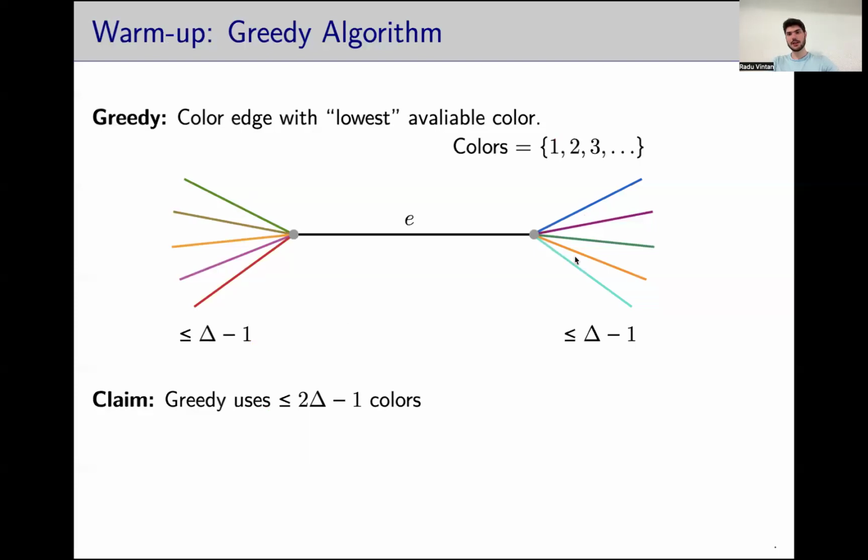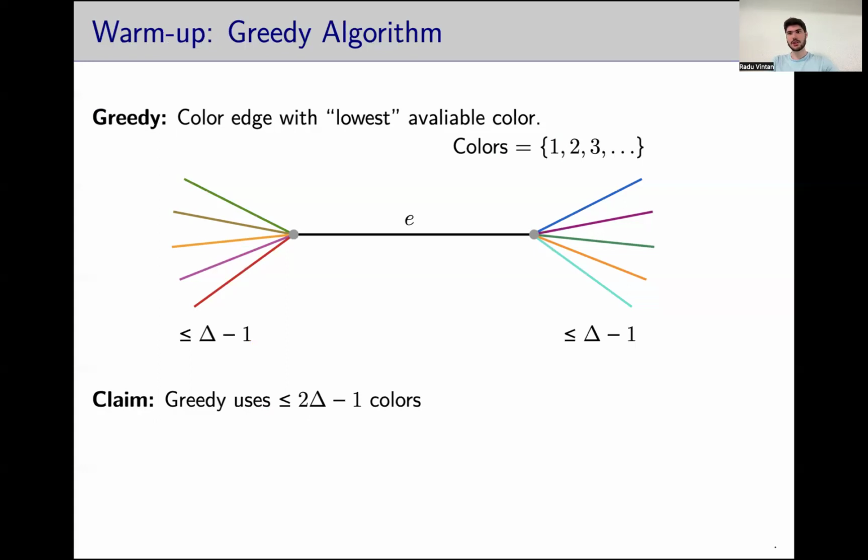And so together, these edges can consume at most 2 delta minus 2 colors. And the claim is if we have 2 delta minus 1 colors, we'll always be able to find a valid color to use here. So greedy uses 2 delta minus 1 colors, and it succeeds 100%. So this is a somewhat trivial upper bound.